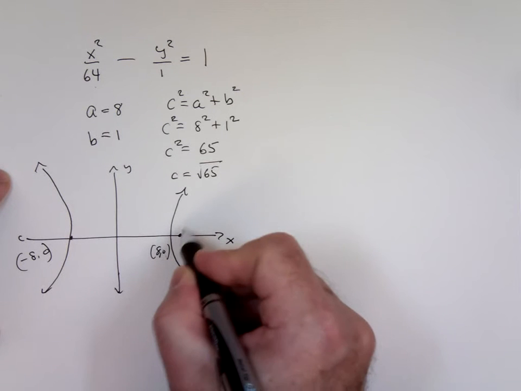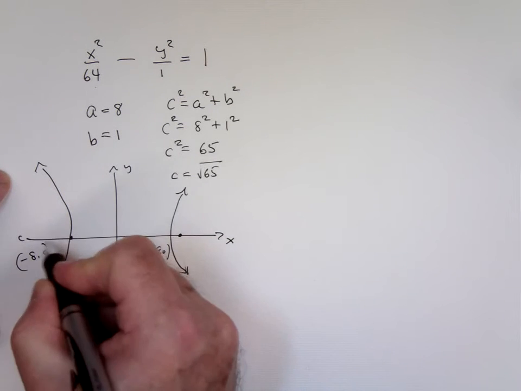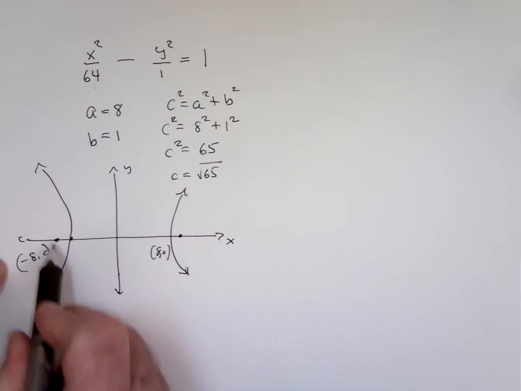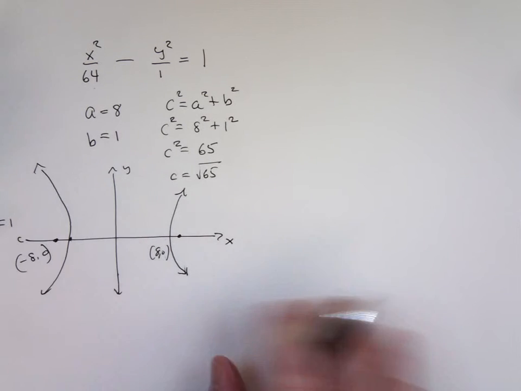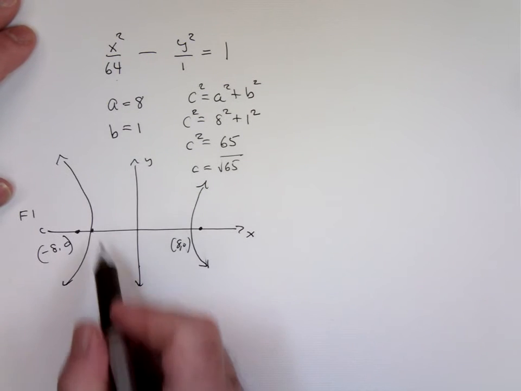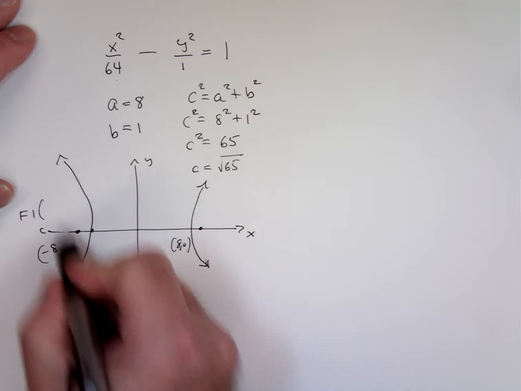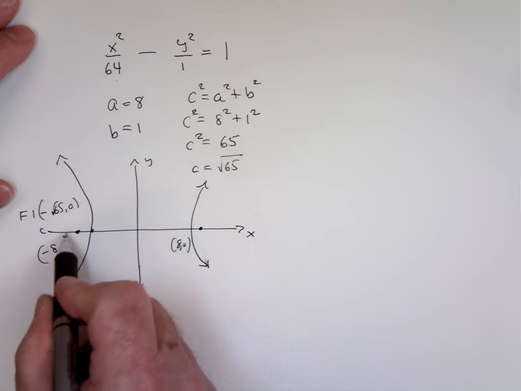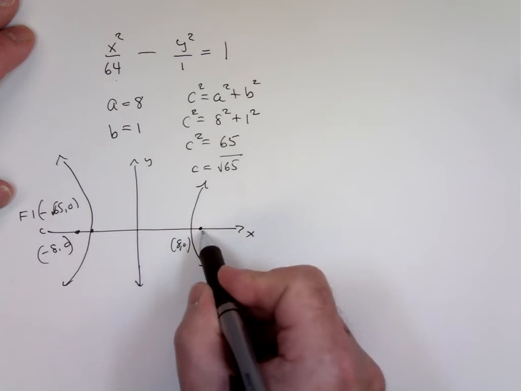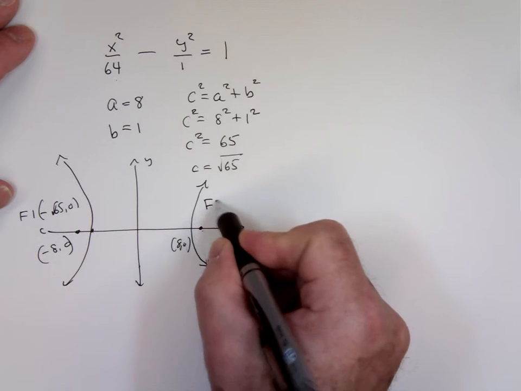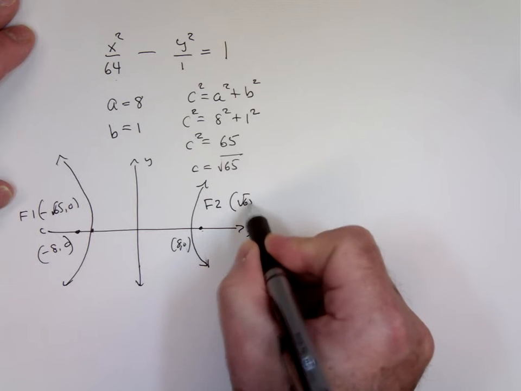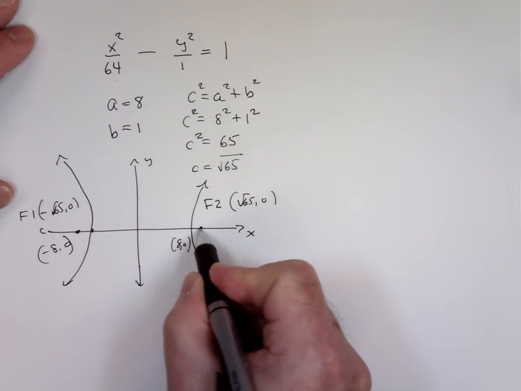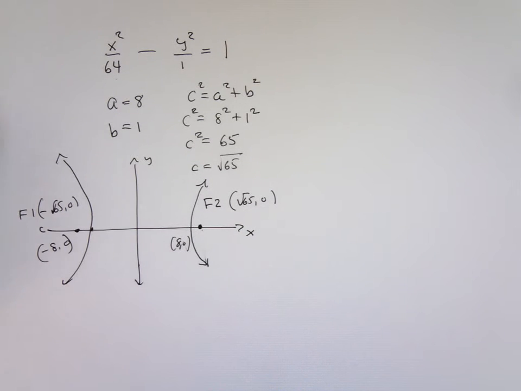Let me do this one first. I'll call this the first focus. The first focus would be negative square root of 65, 0. That would be this point. And the second focus would be the square root of 65, 0. That's this one here. And that's it.